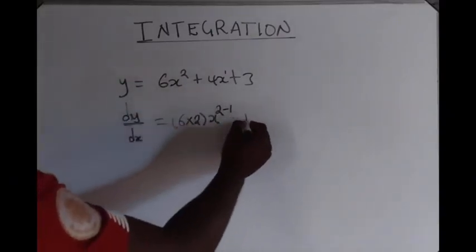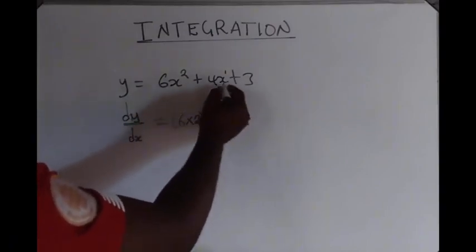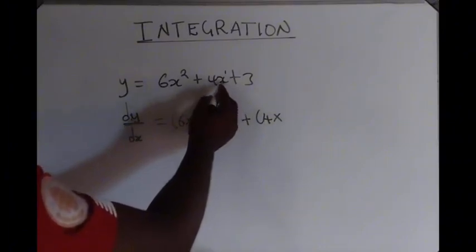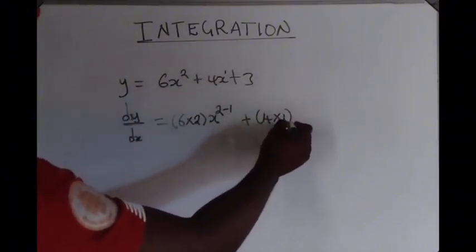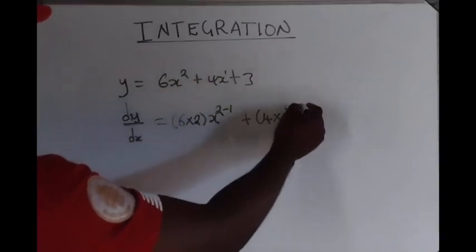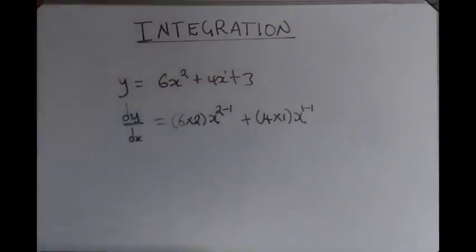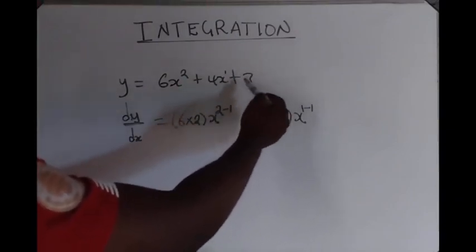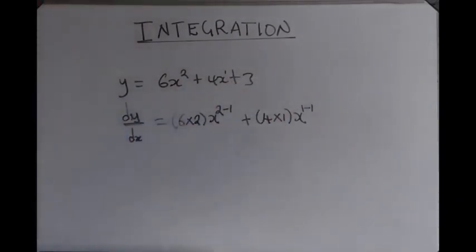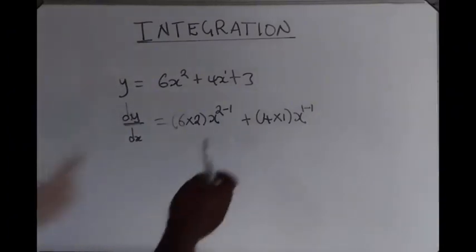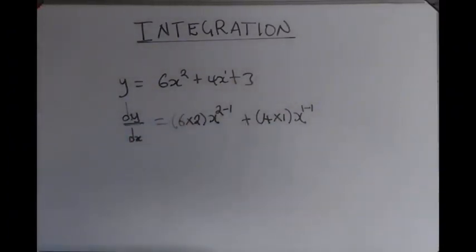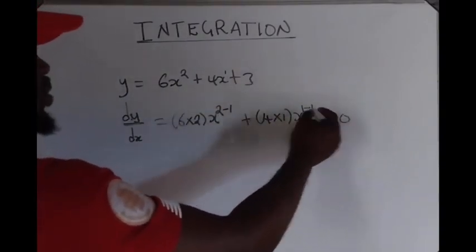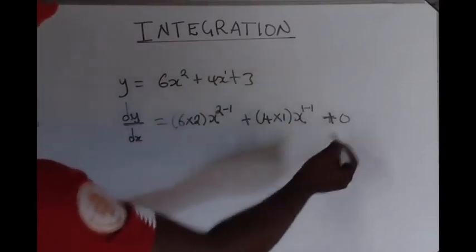Then plus the coefficient of this x, which is 4, so 4 times its power, which is 1, and then x, with the power reduced by 1. Now this constant, which is 3, is not going to change. The differentiation of a constant value is 0, so plus 0.